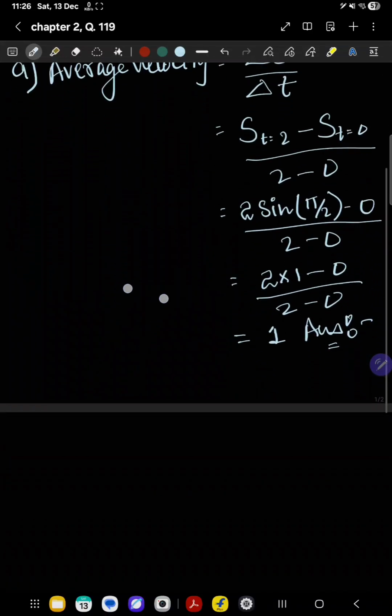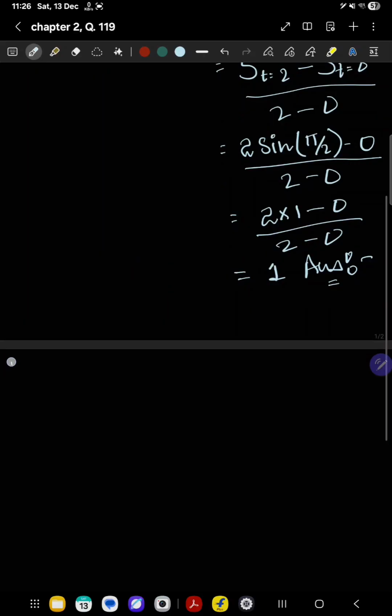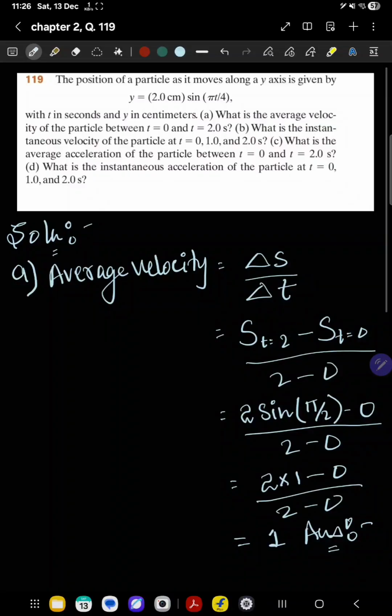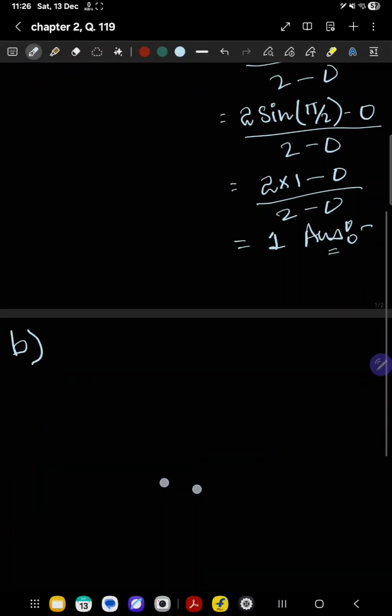Right. Now for the B part, we have to find the instantaneous velocity of the particle at t equal to 0, t equal to 1 and t equal to 2 seconds.